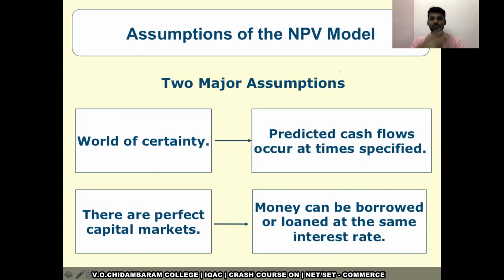So these are the two major assumptions. The first one is very important because normally business has uncertainty, but we assume that there's no uncertainty in the future, so we can go ahead with the NPV. So NPV is always good to go ahead with.